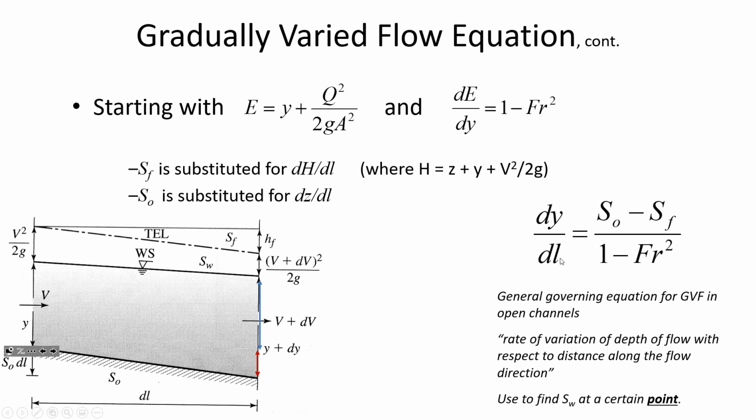Given those conditions, we can integrate this equation between 2 points and find out what the new depth is downstream. Basically, I know the depth at either the downstream or the upstream location, and I want to know what the depth is, let's say, 50 meters upstream. I'll use this equation to predict the new depth at an upstream or downstream location.